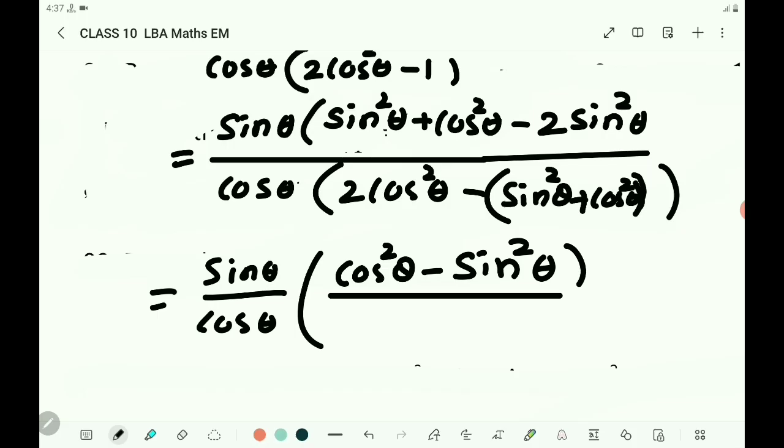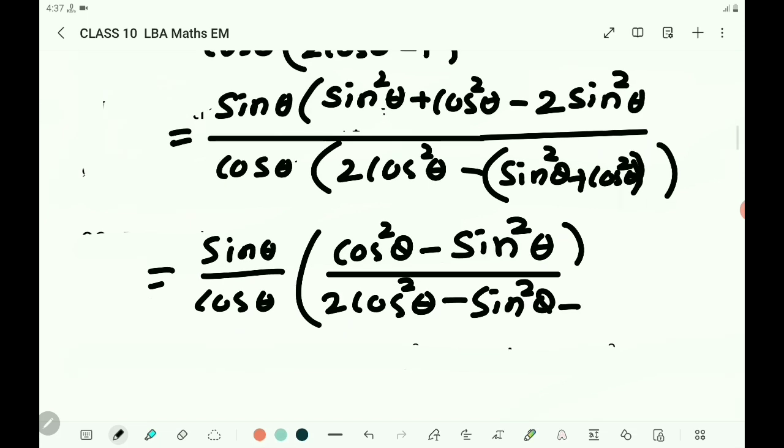Here you open the bracket, write 2 cos square theta as it is, minus sin square theta minus cos square theta. If the bracket is opened, the sign changes.